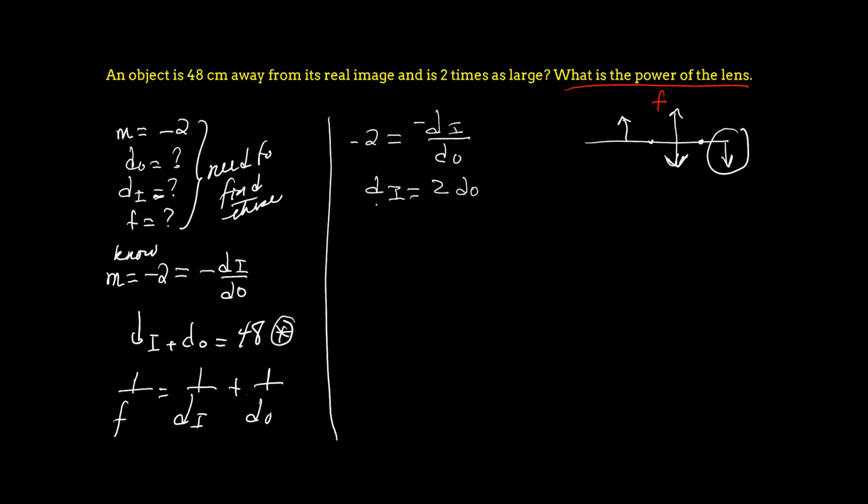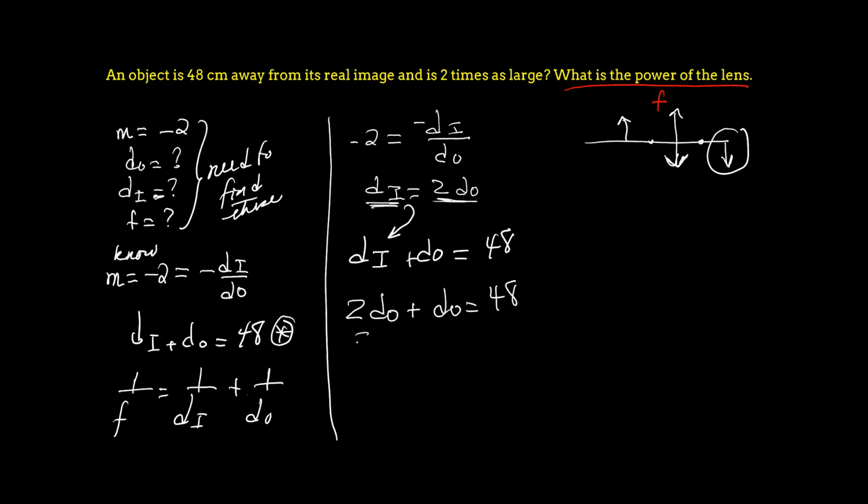So now, take this DI that we computed here, in other words, this value of it, and plug it into this equation. So here's this equation, DI plus DO equals 48. Take this DI and stick it here, or its value. Its value is this. 2DO plus DO is 48.